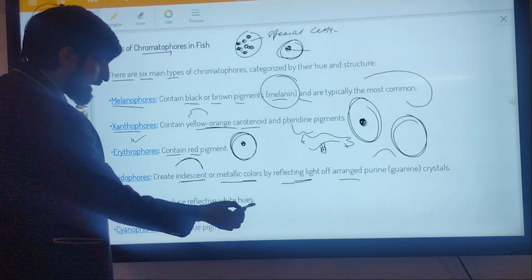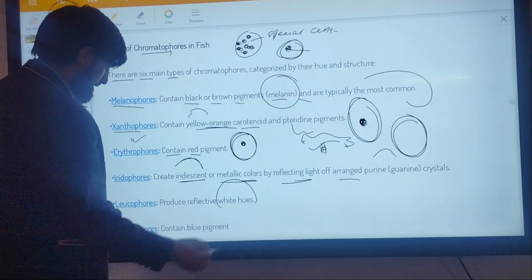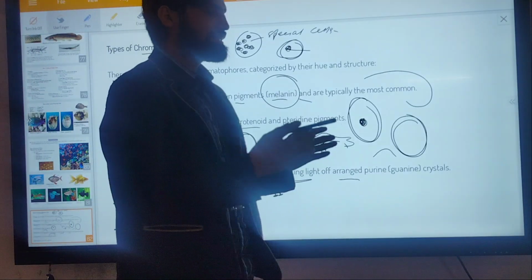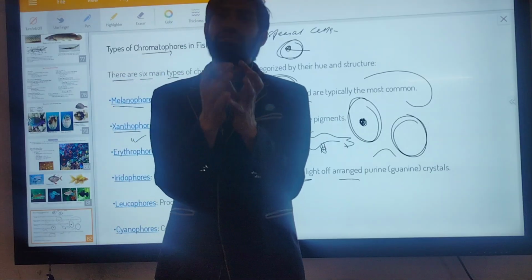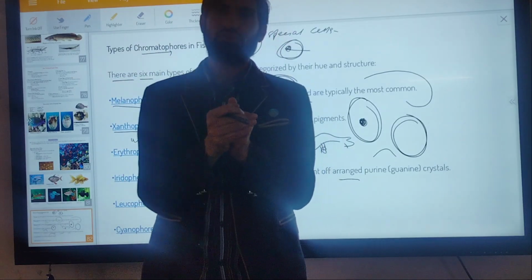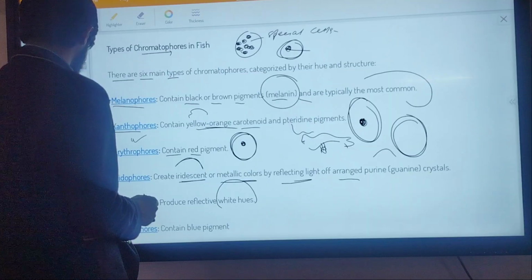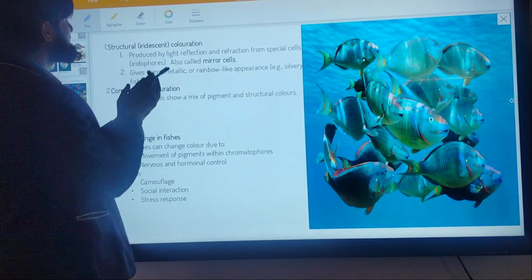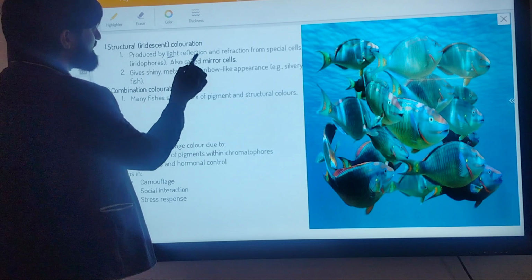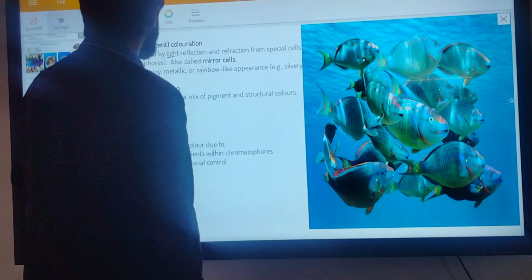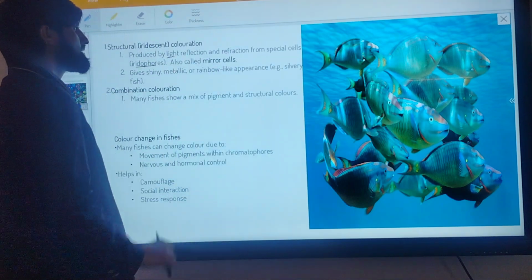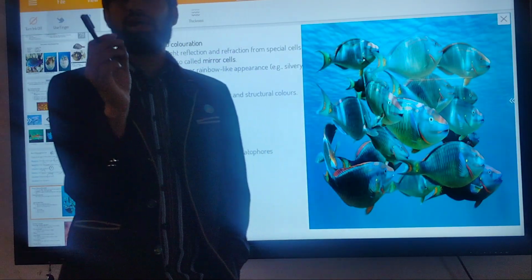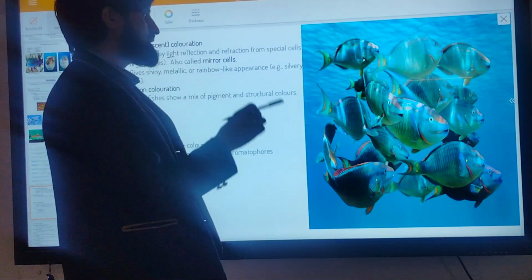Leucophores produce white hues, and cyanophores contain blue pigment. When these pigments are present in aggregation, different colors are formed. You can see here the structure of iridescent coloration produced by light reflection and refraction from special cells called iridophores, also called mirror cells, because they reflect the light and give the silvery appearance of the fish.